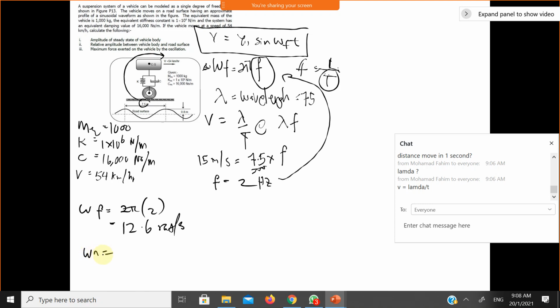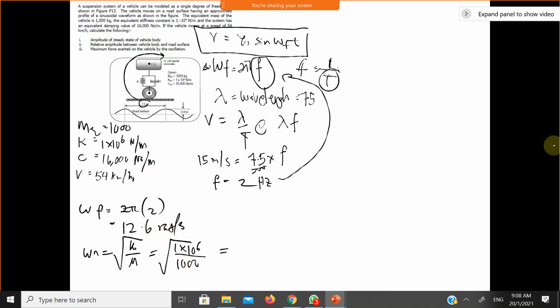So how to find omega N? As usual, K over M. Alright, so what is our K? 1 times 10 to the power of 6 over M is 1000. So omega N would be, what is our omega N? 31.6.